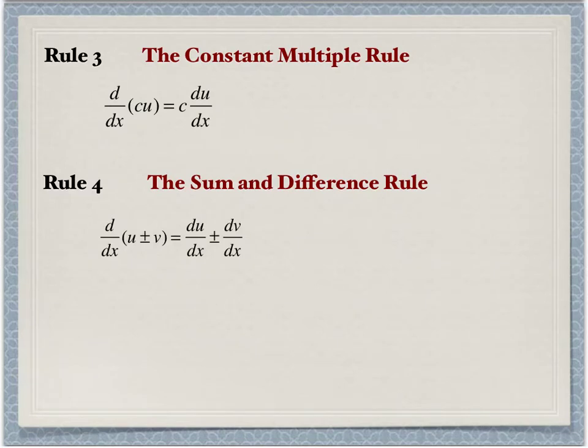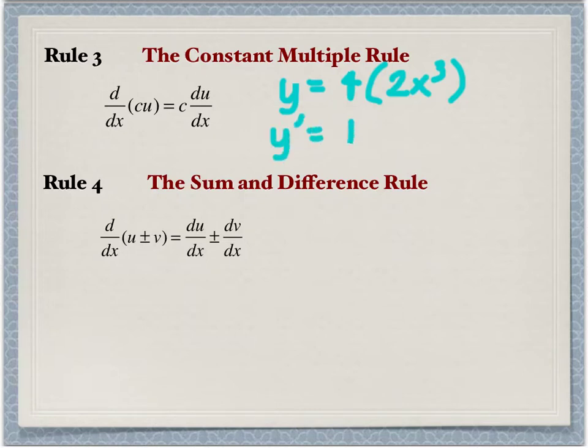Alright, constant multiple rule. This one we'll use a little bit. Let's say I had y equals 4 times 2x to the third. Basically, that's saying that the constant, which is the 4, can stay there when I'm taking the derivative.